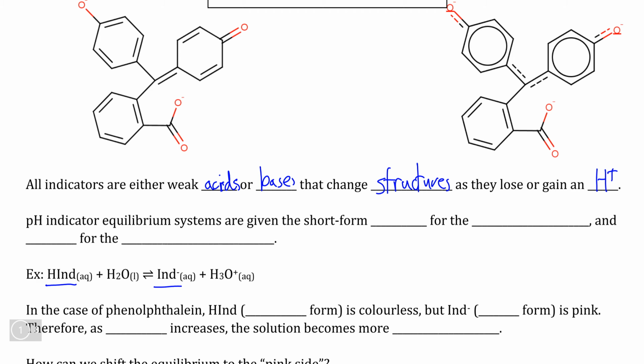So instead, pH indicators are usually given the short form of HIND, IND, of course, meaning indicator, and H identifying that the indicator is in its acid form, meaning that it has an easily ionizable hydrogen, and once it loses that hydrogen, we give it the form IND-, indicating that this is the base form because it has a negative charge that is able to take hydrogen from water or from another acid.